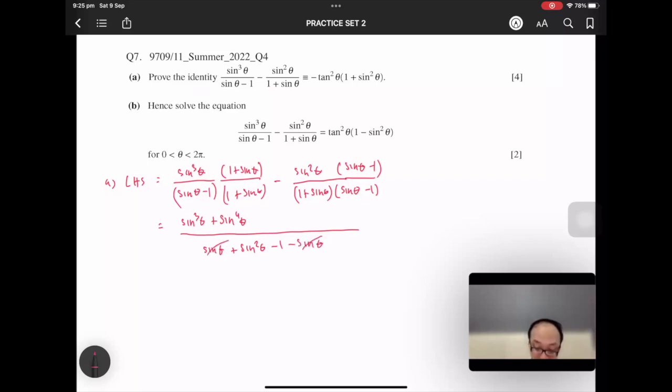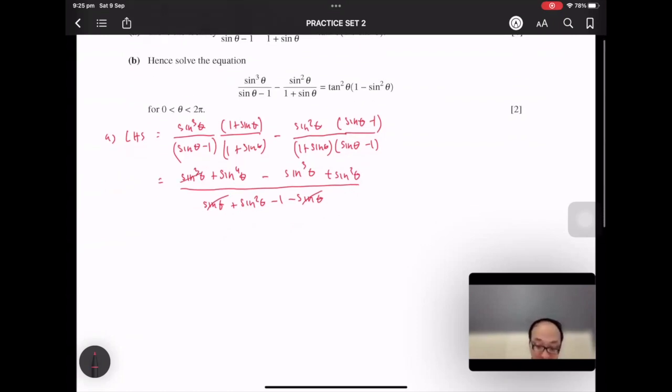So this one cancels. And this one is sine cube theta plus sine square theta. So I can cancel this. So it equals sine 4 theta plus sine square theta over sine square theta minus 1.